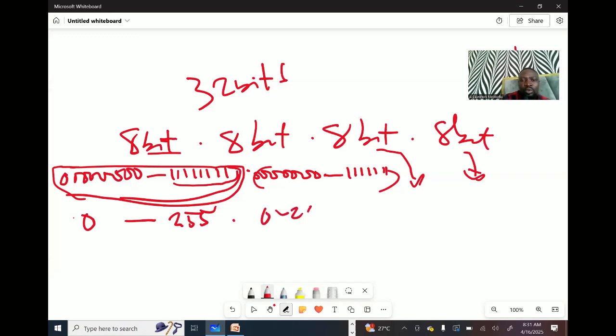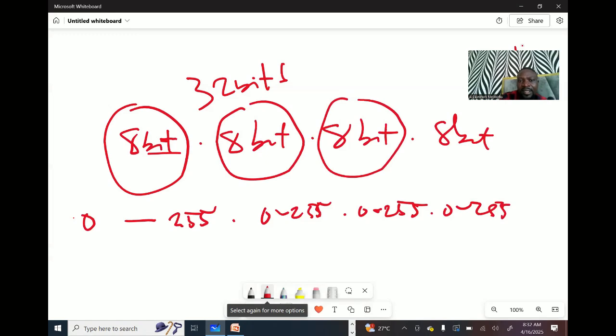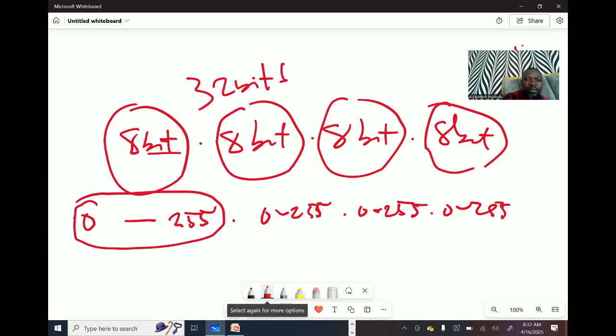So each of the 8 bits in each of the octets in the 32-bit IP address, when converted to decimal, can give you 0 to 255, 0 to 255, 0 to 255, 0 to 255.